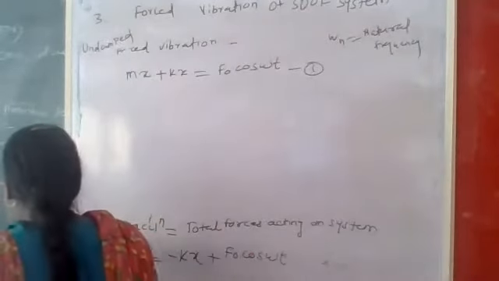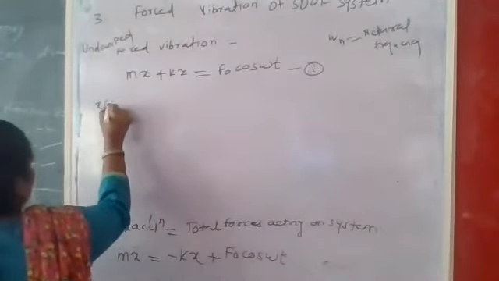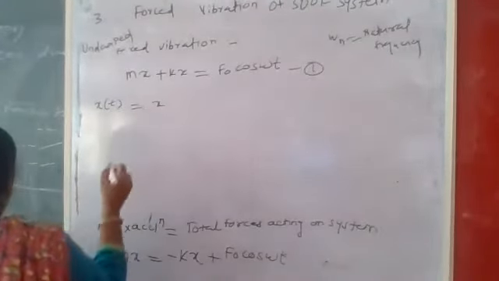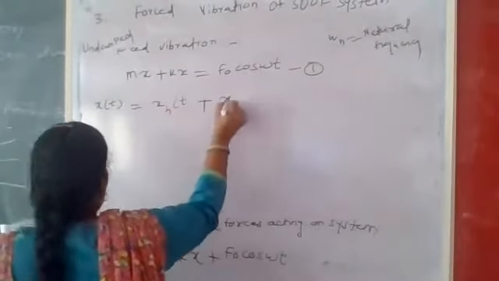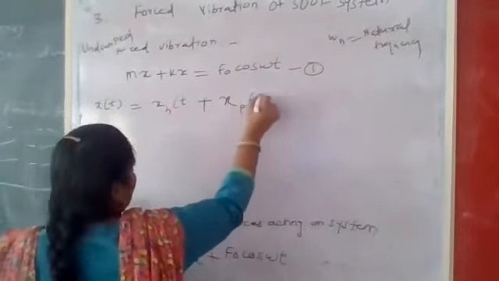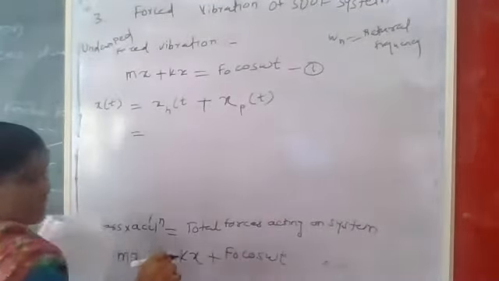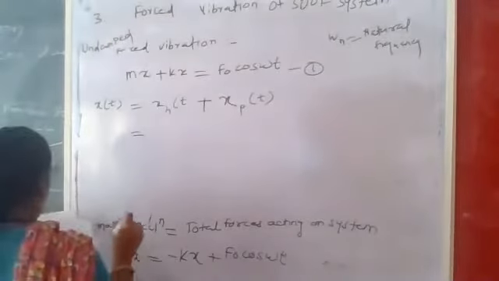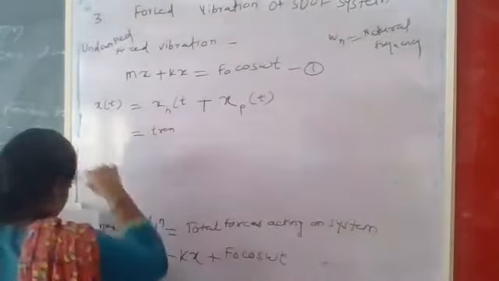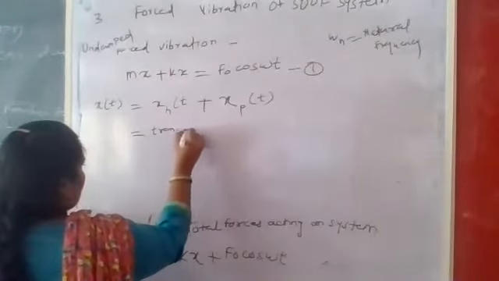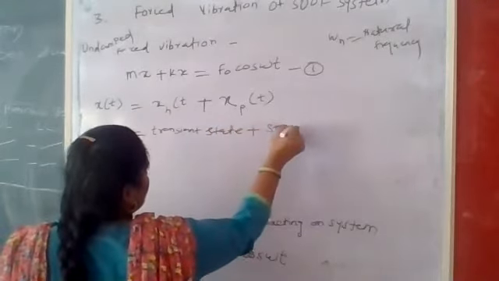So we have to calculate x, and we get x of t equal to xh of t plus xp of t, that is the particular integral, for the transient state and the steady state. This is for the transient state, plus the steady state.